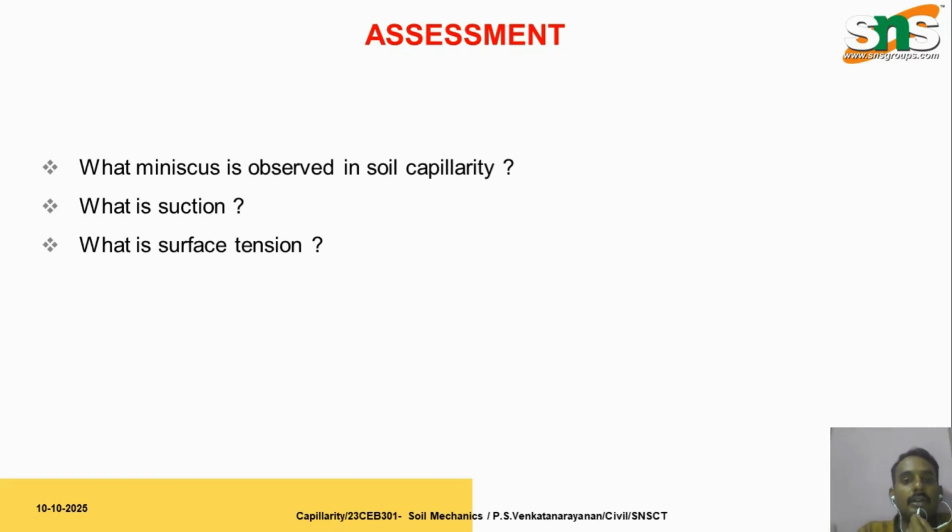So the zone of water above the water table is defined as capillary zone, where the soil pores are saturated due to capillary action. The top of the zone marks the limit of capillary saturation, and the region above it gradually becomes unsaturated.